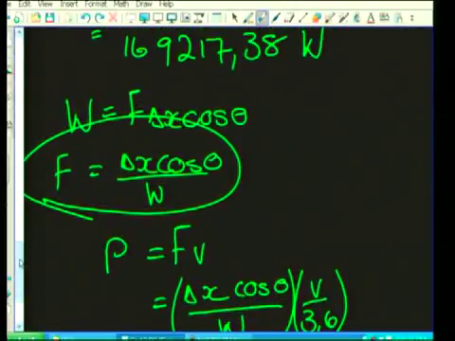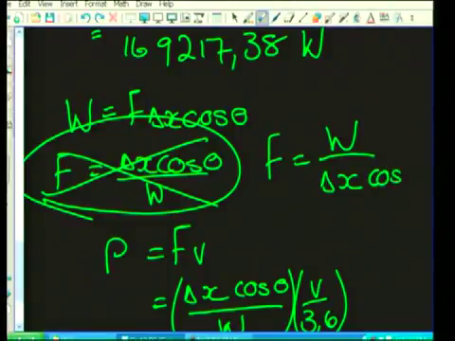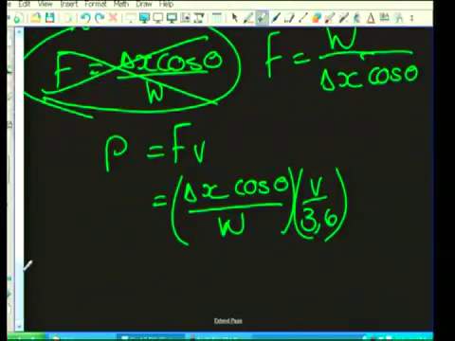I hope you'll realize that and go, well, actually, that's nonsense, Tracy, and it is nonsense, because force is actually work divided by delta x cos theta. If I now saw this as a marker, I have to stop marking because it's wrong. Okay, it's a real problem. That's it. You get the equation, you get the mark for P equals FV, but you don't get anything else. So please be careful with that.